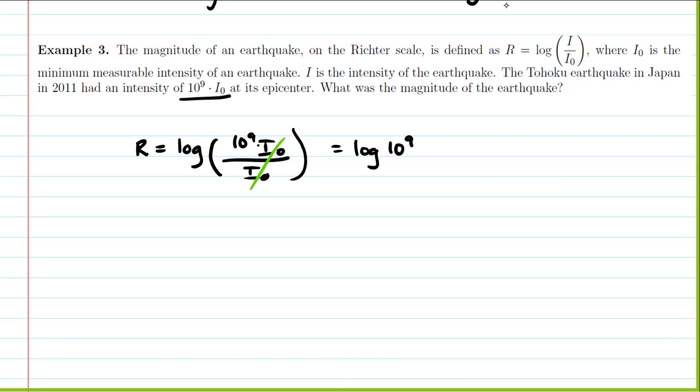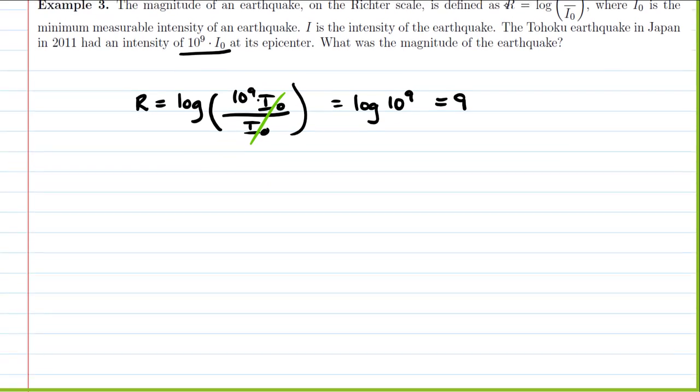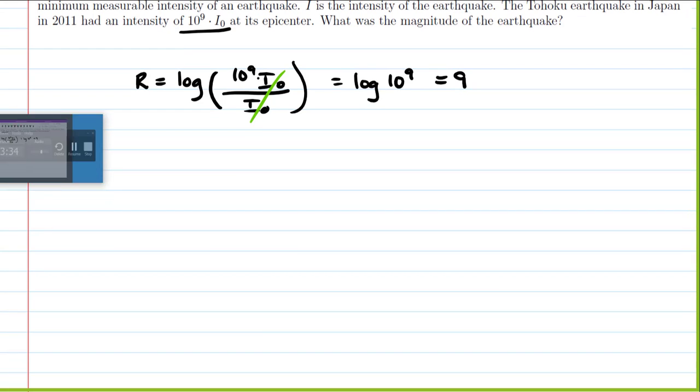What exponent do I put on the base of 10 in order to get 10 raised to the 9th power? Should be 9, right? Remember, the logarithm is the exponent, right? So it's the exponent on the base of 10 that we would need to get 10 raised to the 9th power. Well, it better be 9. All right.